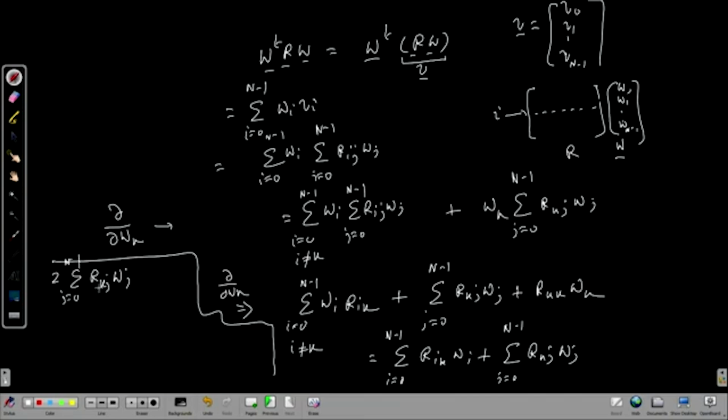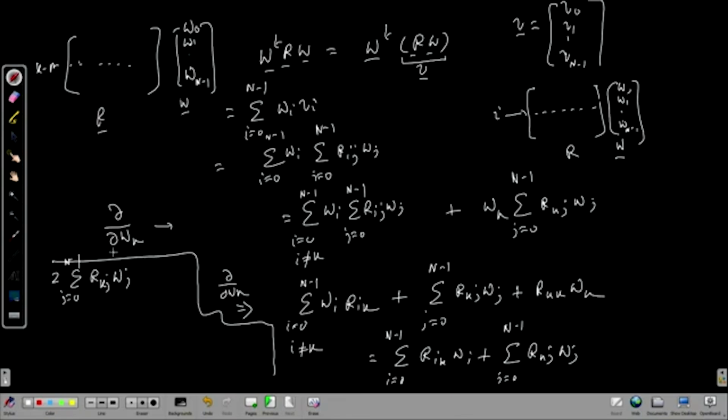Now, look at this summation r k 0 w 0, r k 1 w 1, like that. What does it mean? If I have the R matrix and the kth row, and then the W vector, I have got R k 0 W 0, R k 1 W 1, and so on and so forth.